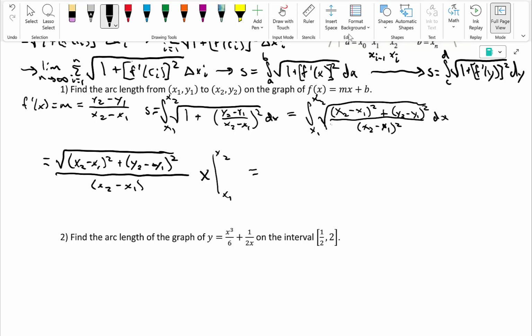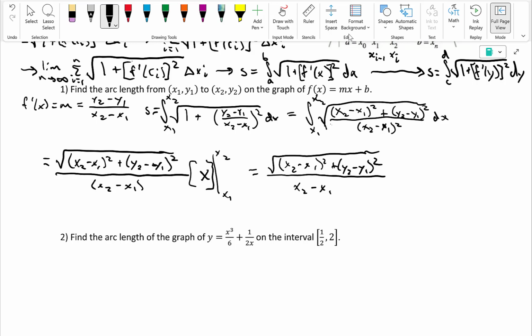And without doing too much more writing, so we can get into more of the problems you actually do, we can rewrite the numerator as is, right? And then leave our denominator, x sub 2 minus x sub 1. And maybe just think about it this way. We pulled this whole constant out, right? And then we're evaluating x from x sub 1 to x sub 2.